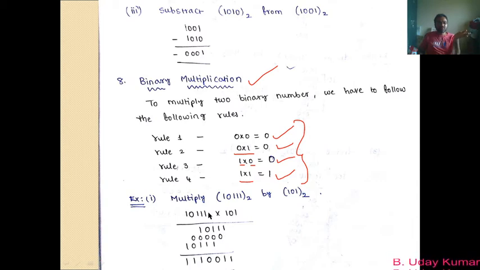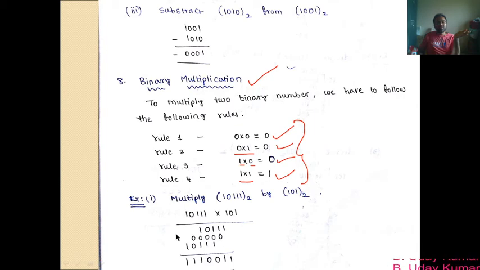So 0 into 1 is 0, which is placed in the second column, 0 into 1 is 0, 0 into 1 is again 0, 0 into 0 is 0, and 0 into 1 is 0. Similarly, the last 1 is multiplied with 10111. So 1 into 1 is 1, which is placed in the third column, 1 into 1 is again 1, 1 into 1 is again 1, 1 into 0 is 0, and 1 into 1 is 1.